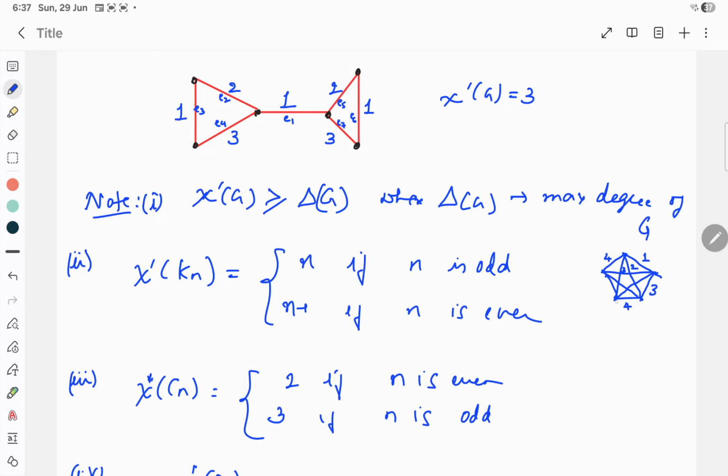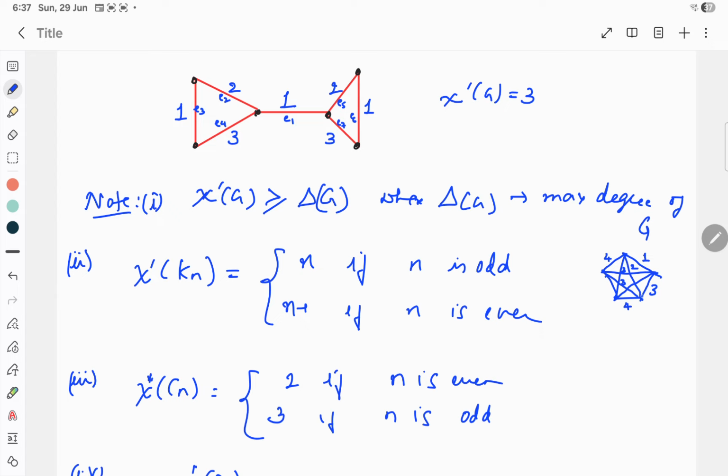Now if you consider this edge, it is adjacent to 4, it is also adjacent to 3. 2 is adjacent to this, but this is not adjacent to this, so I can use 3.